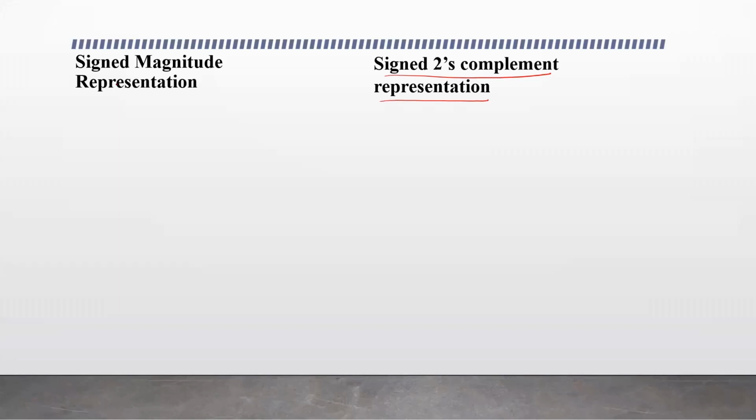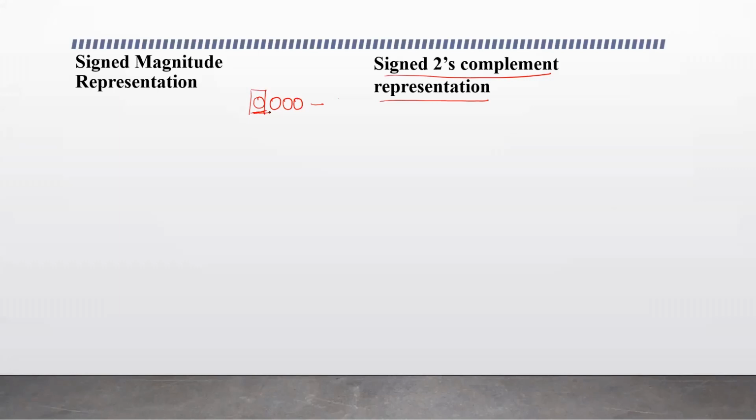As I told you, in signed magnitude representation, if the number is represented using a 4-bit binary, let's say 0, 0, 0, 0, it is 0. But the fourth bit is used for representing the sign. If it is 0, the number is positive, and if it is 1, it is negative.